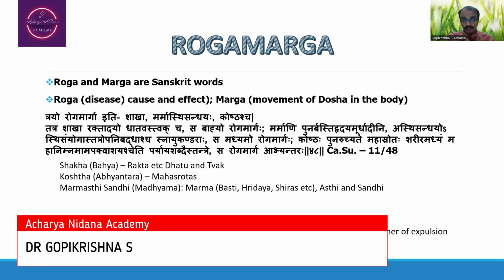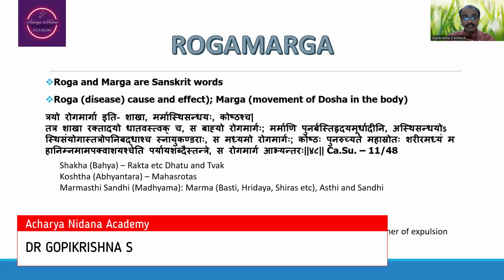Shakha refers to the branches, that is, the extremities, the skin, muscles, etc. Marma Asti Sandhaya means the vital points, marma; asti, the bones; and sandhi, the joints. Koshtha refers to the whole Mahasrotas, or the alimentary canal.